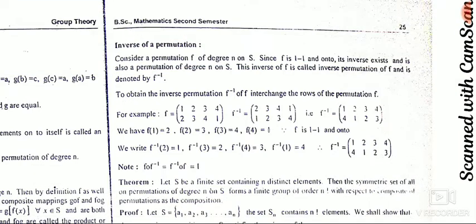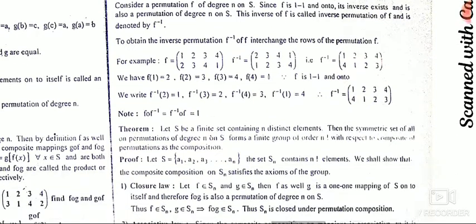We have f of 1 is 2, f of 2 is 3, f of 3 is 4, f of 4 is 1. But f inverse of 2 will be 1, f inverse of 3 will be 2, f inverse of 4 will be 3, f inverse of 1 will be 4. Just the reverse of that. Note that f composite f inverse is equal to f inverse composite f, which is equal to the identity.